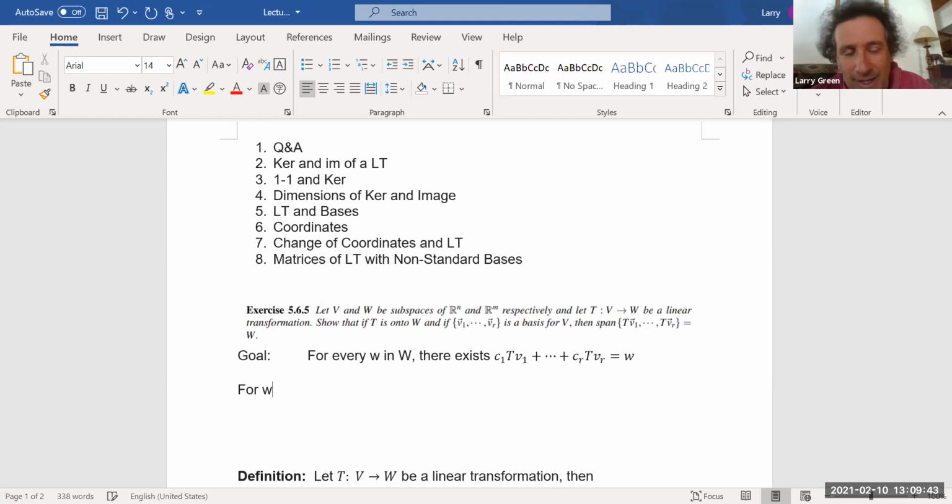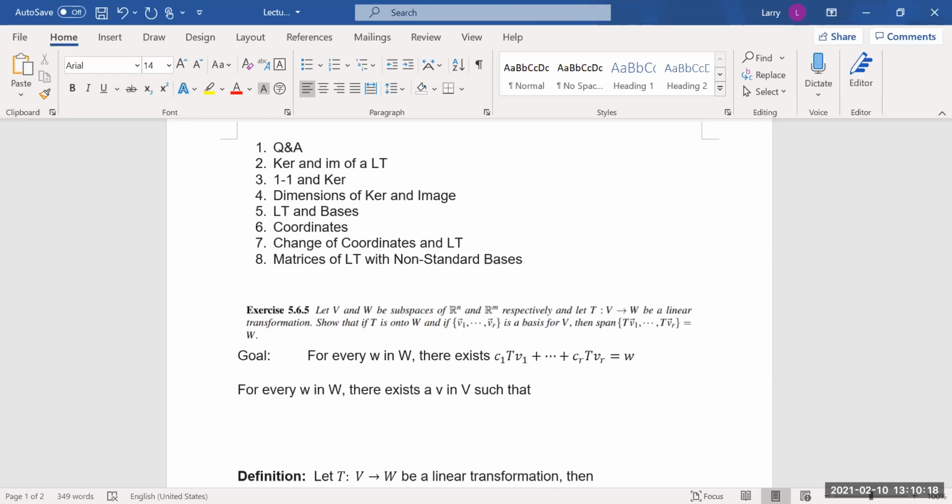So for every element of the range space in capital W, there exists some vector V in capital V. And by the way, it does not mean that the range is RM actually, because W is a subspace of RM.